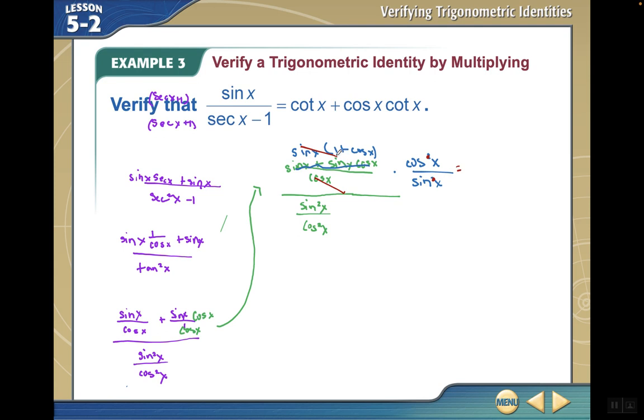So then I have 1 plus cosine x times cosine x over sine x.